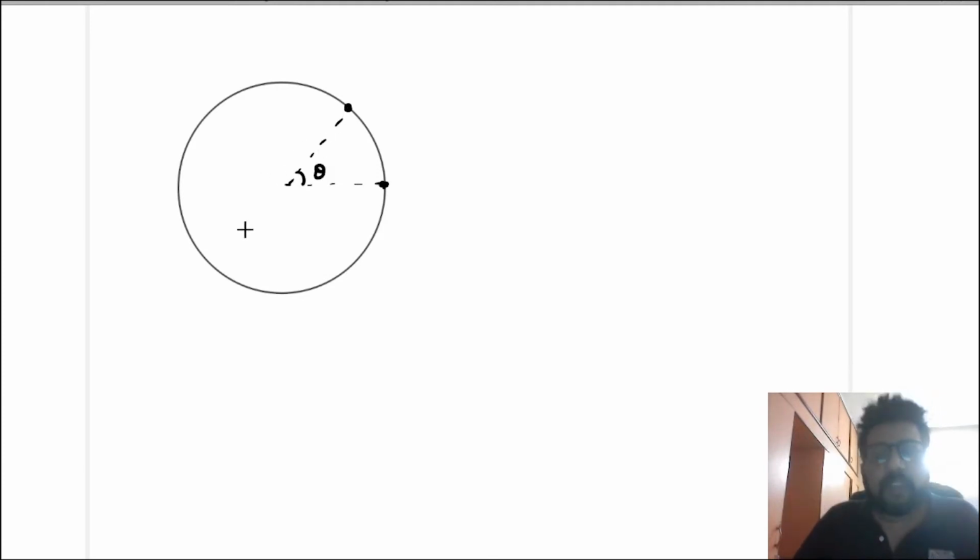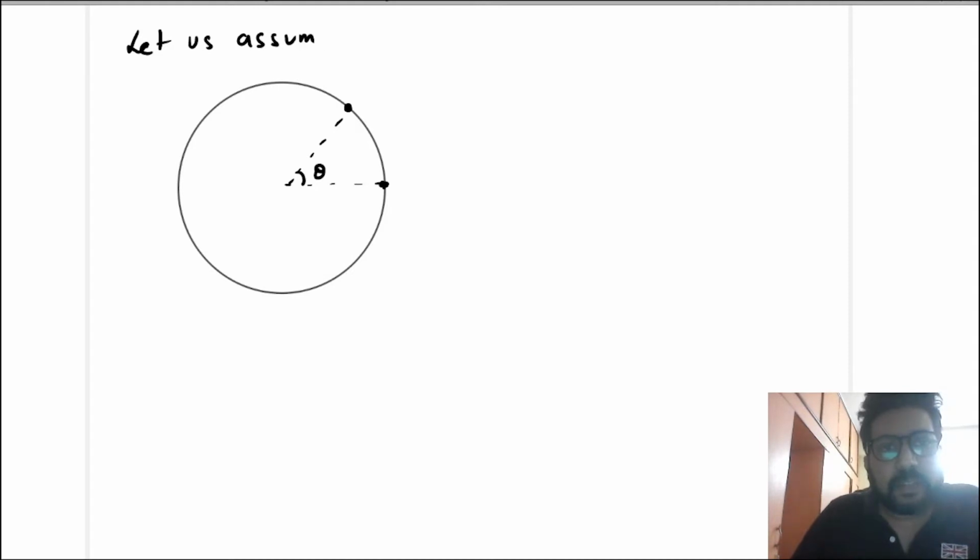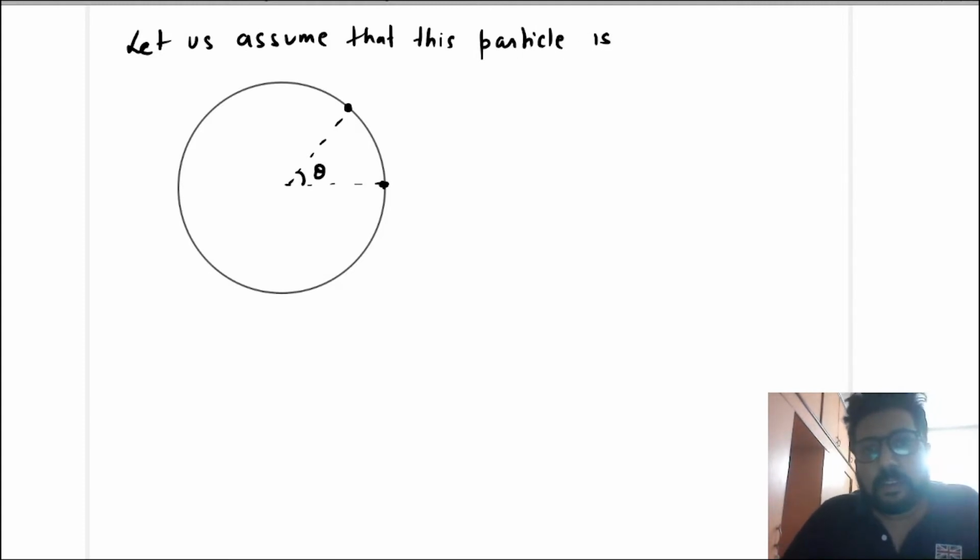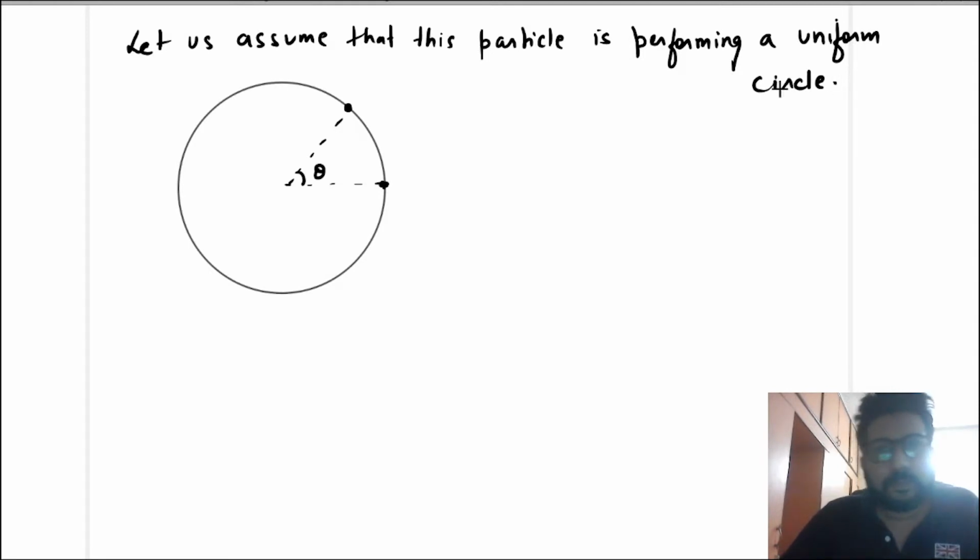For deriving the value of centripetal acceleration, let us assume that this particle is performing a uniform circular motion, and it is rotating with an angular velocity omega.